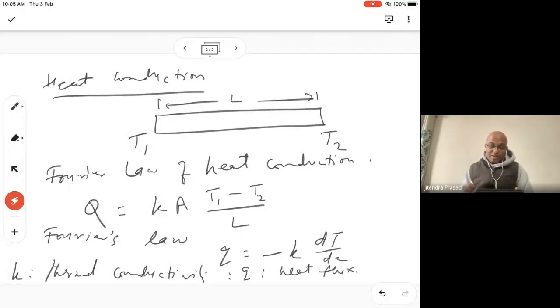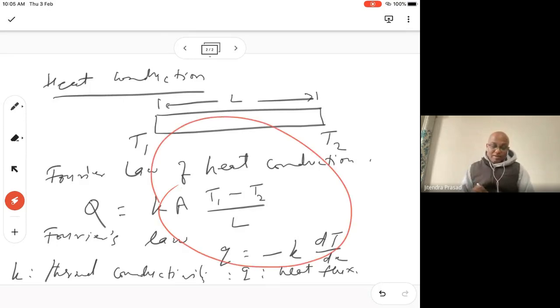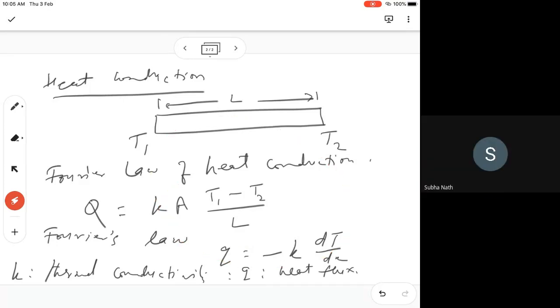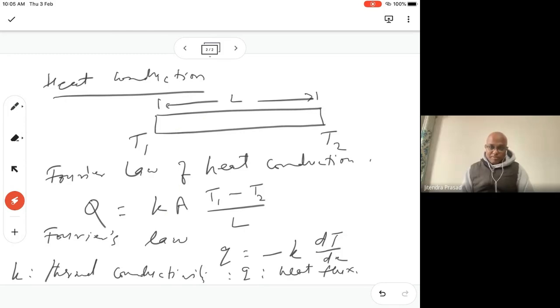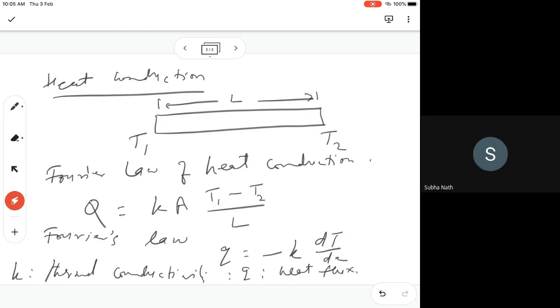And dT over dx is the thermal gradient, right? Sir, Ka dT by dx? Oh, I'm sorry. Yeah, minus K dT over dx.